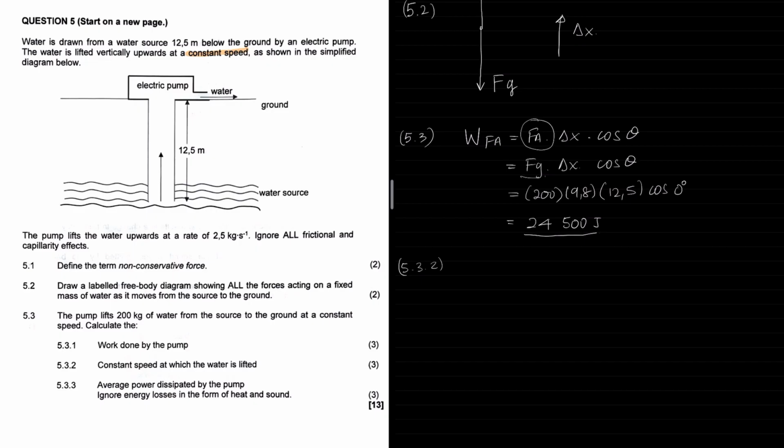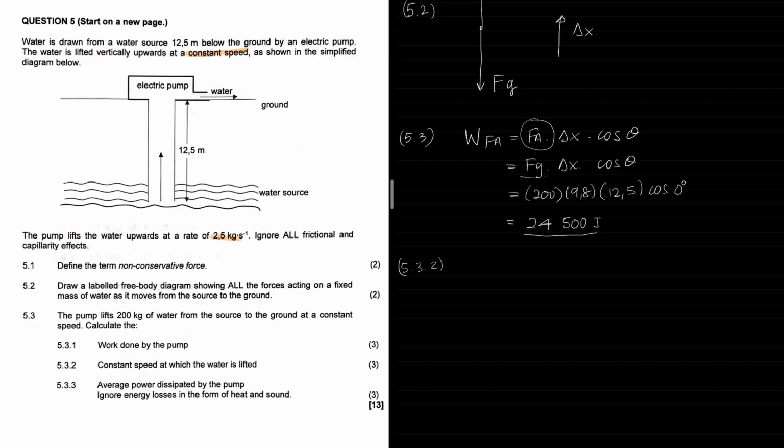Calculate the constant speed at which the water is lifted. Okay, so the way that we can do this is simply by using the information that they've given us right here. They tell us that 2.5 kilograms is picked up every second.